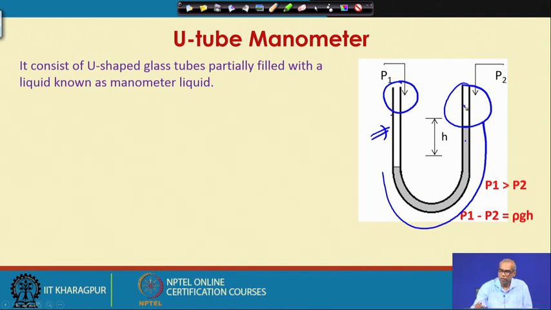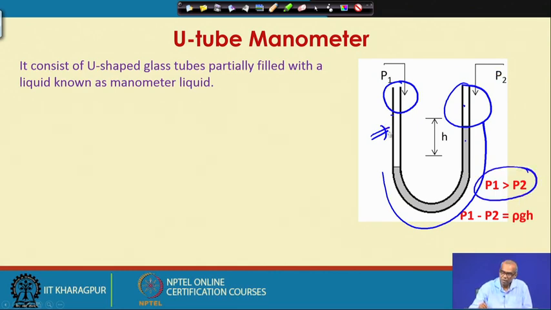If both the limbs are connected to the same pressure source, the level of mercury in both the limbs will be the same. But if these two limbs are connected to two different pressure sources, the level of mercury in both the limbs will be different. In the diagram, pressure P1 is greater than pressure P2.